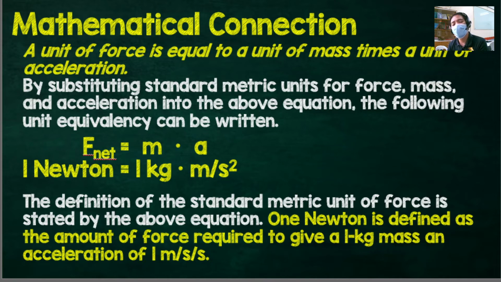So, the definition of this SI unit, or the metric unit of force, is that 1 Newton is equal to the amount of force required to give 1 kilogram an acceleration of 1 meter per second squared.